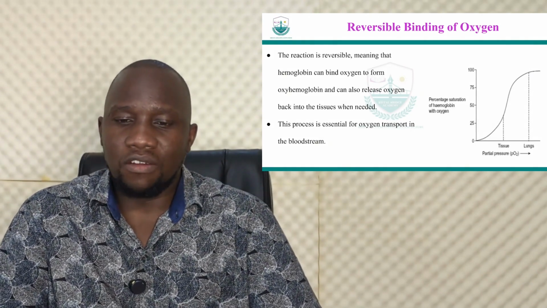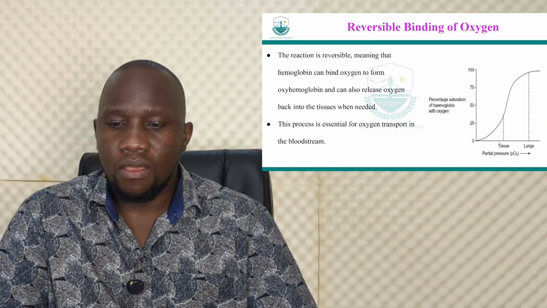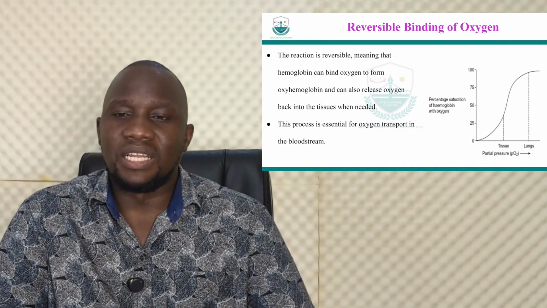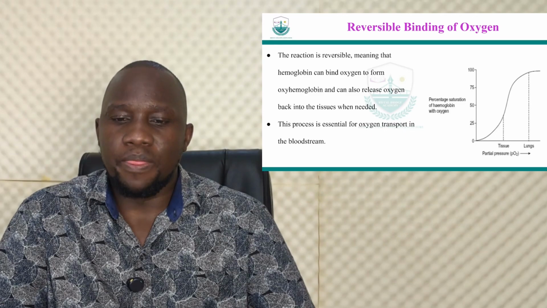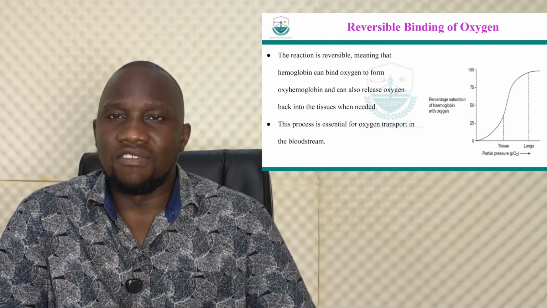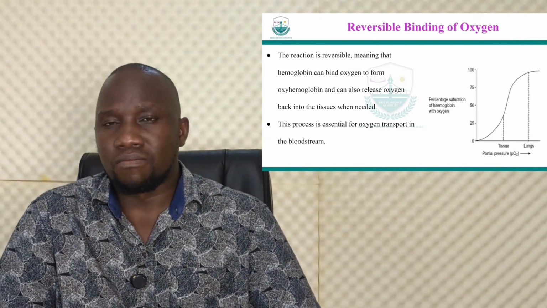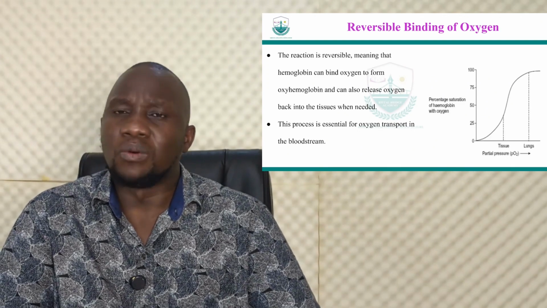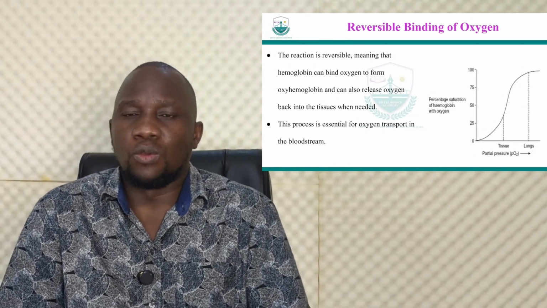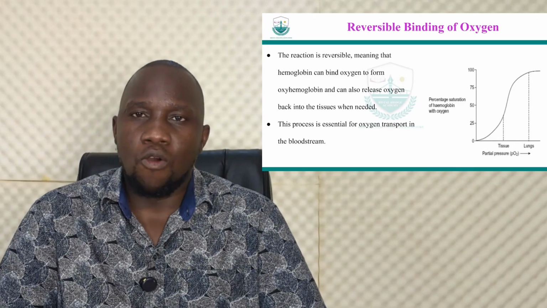So what do we see in the graph is that when you have low partial pressures of oxygen, especially in the tissues, the percentage of the red blood cells that are having oxygen, or basically the percentage of hemoglobin that is bound to oxygen, is very low, because in the tissues you want oxygen to go to the tissues, so you don't want to hold on to it. So the hemoglobin does not hold on to the oxygen.